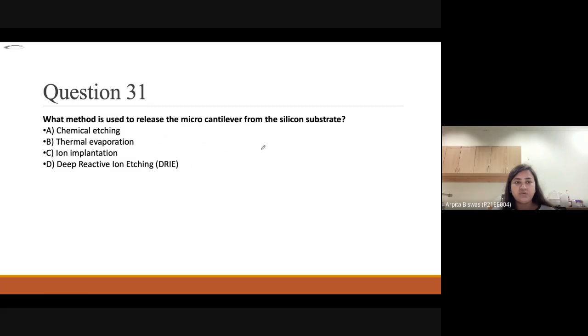Go through the question carefully. What method is used to release the micro cantilever from the silicon substrate? Chemical etching, thermal evaporation, ion implantation, or deep reactive ion etching? Try to solve the question.